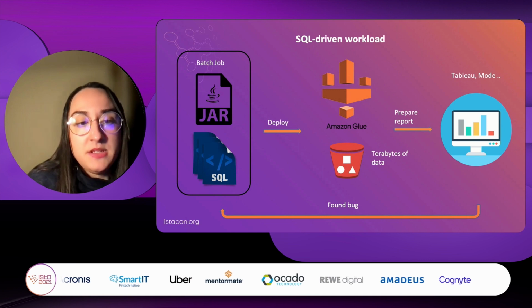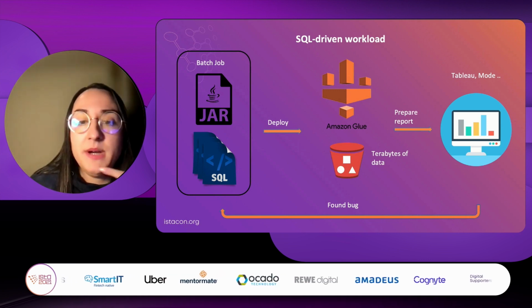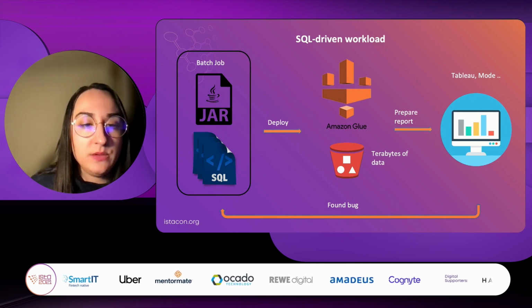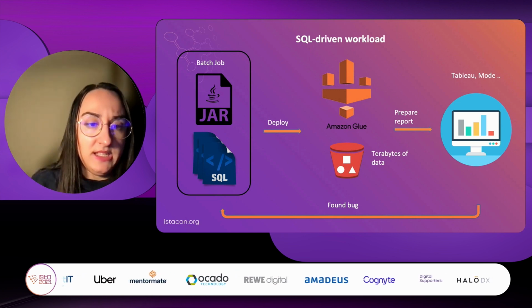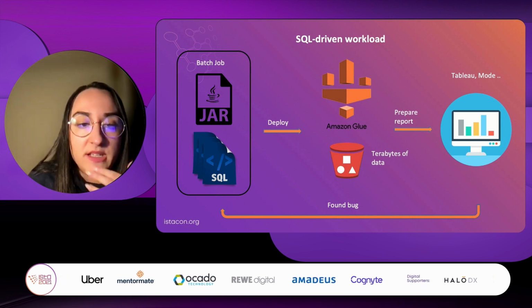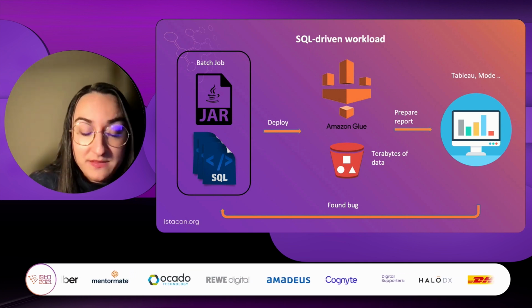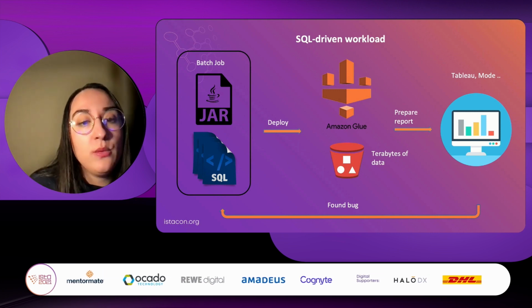This application will be deployed in the cloud with a CI/CD pipeline, and our job is going to be executed over a Spark cluster, which is basically what Glue is. We are going to work with 8 terabytes of data, which means that our job will execute for a few hours.